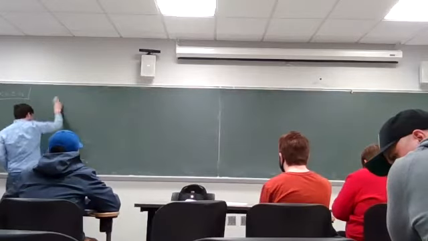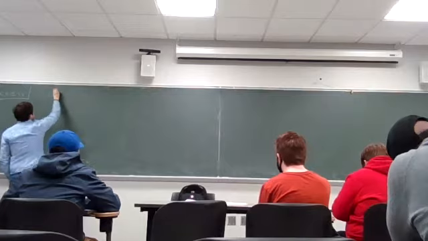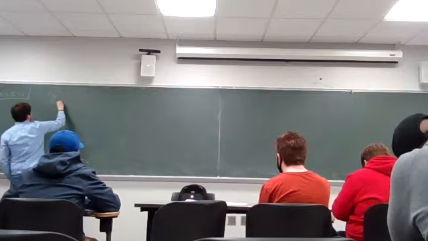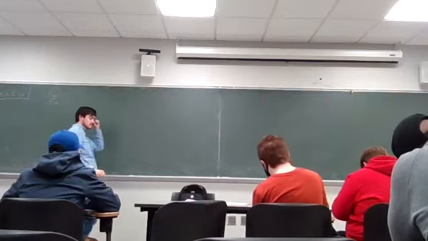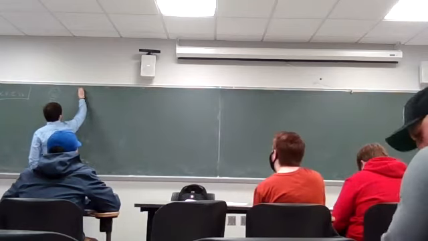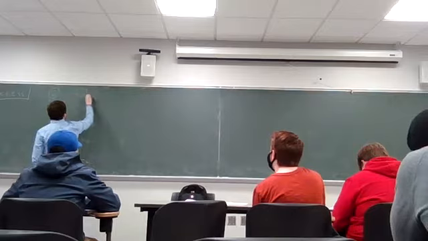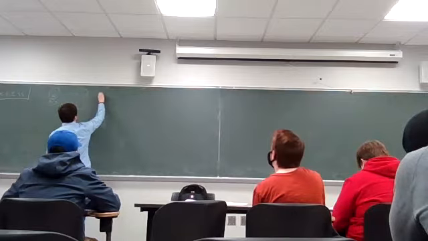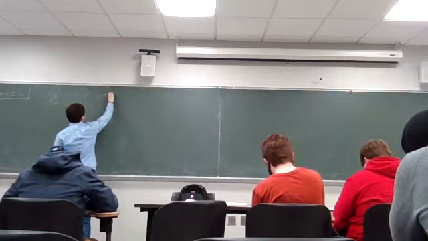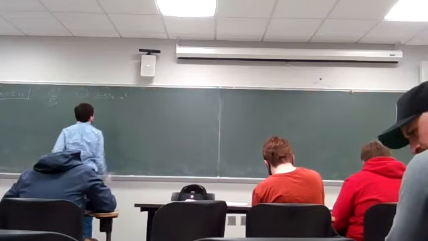Okay, so this is number 6. Number 6, we have a cylinder which has a volume of 54 pi centimeters cubed.